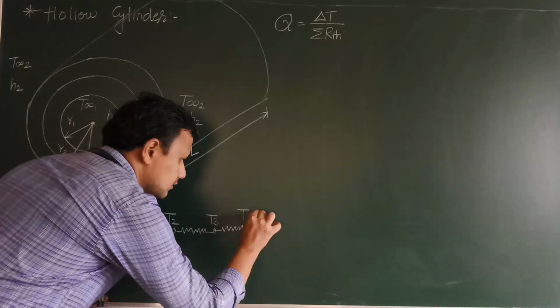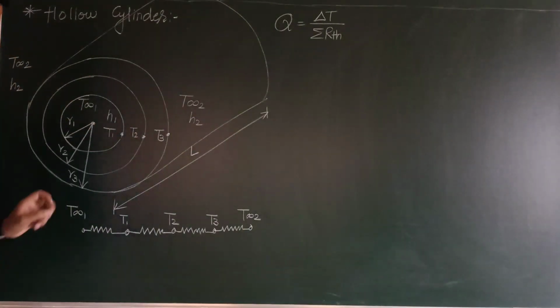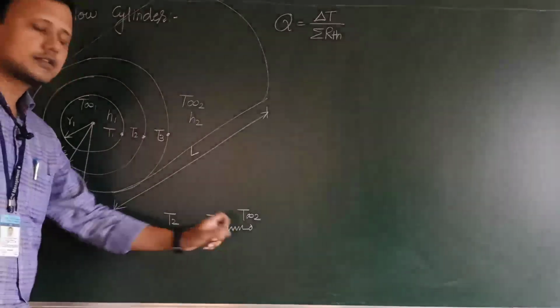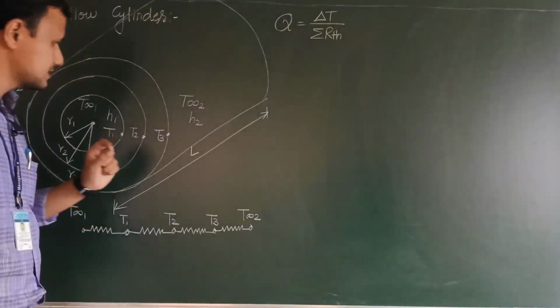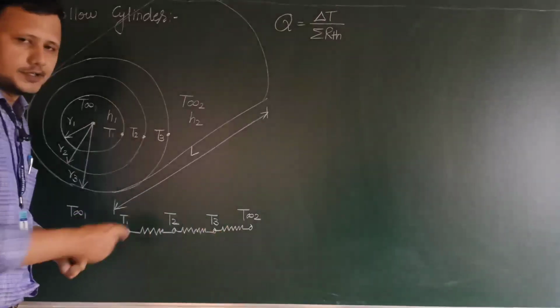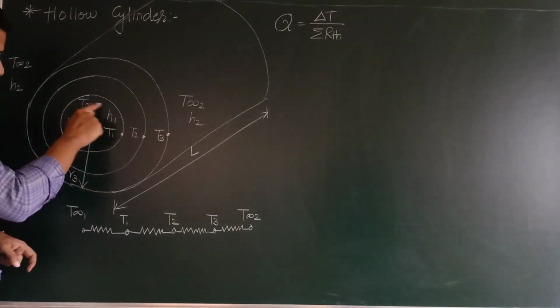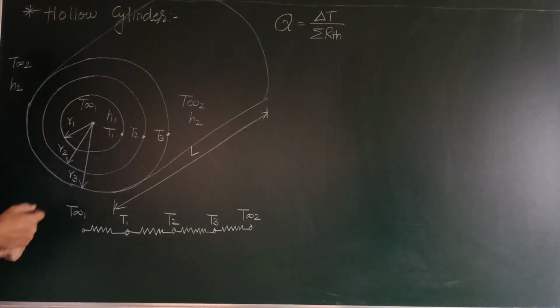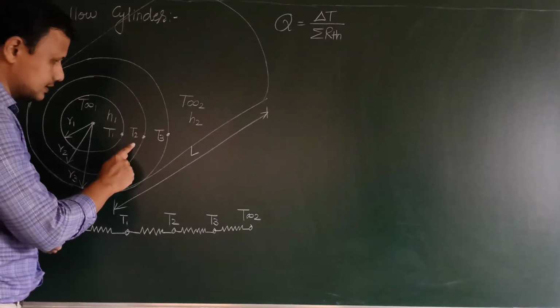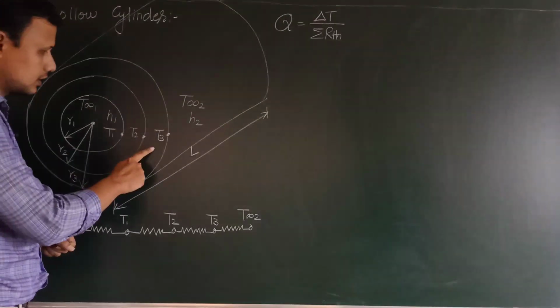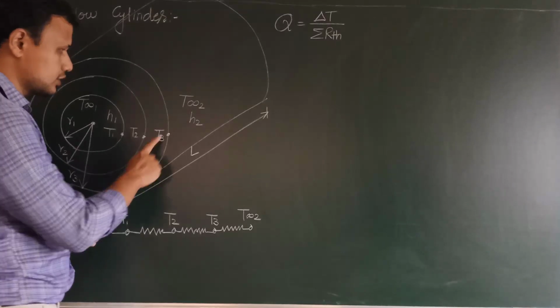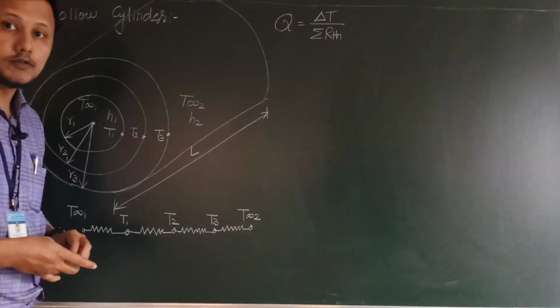This will be T infinity 2. Now, even though all of them are thermal resistances, their physics is different. For example, the first thermal resistance is because of convection. The second thermal resistance is because of conduction. The third thermal resistance is again conduction, and the fourth one again convection.